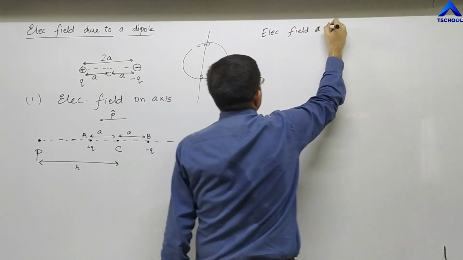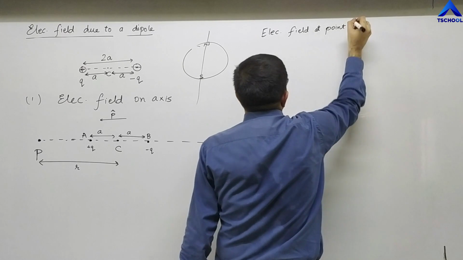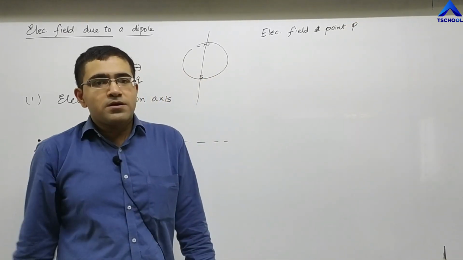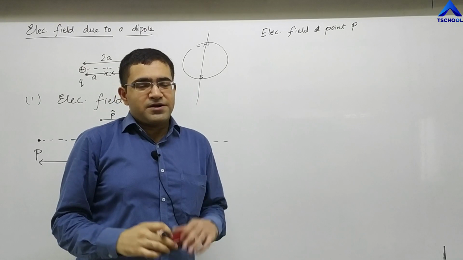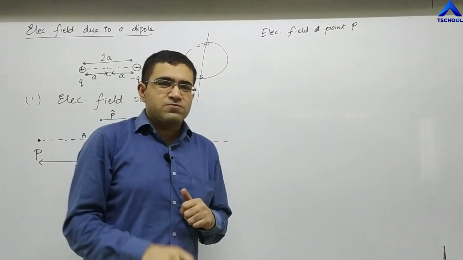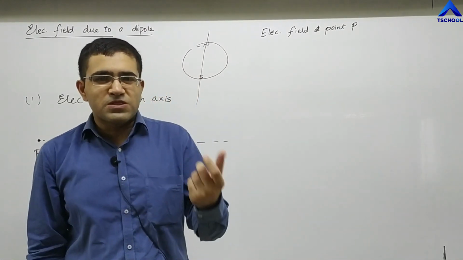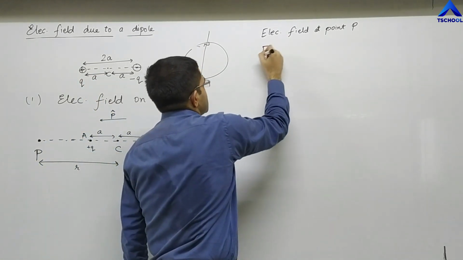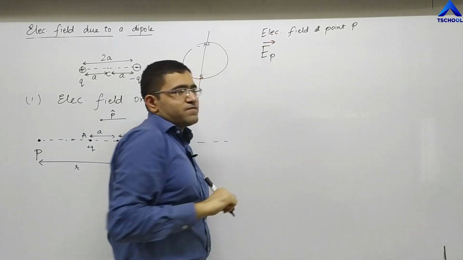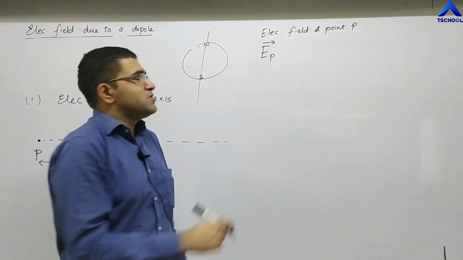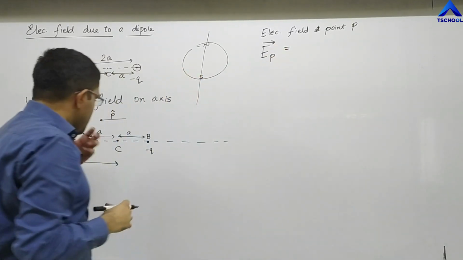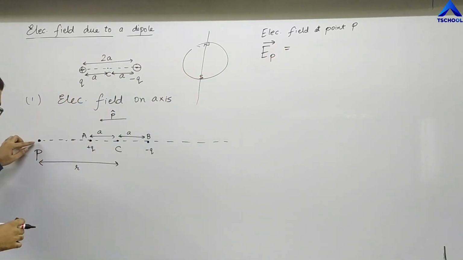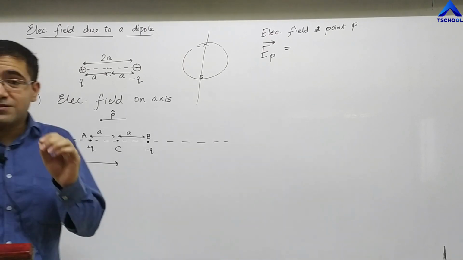So now, if I want to find out what's the electric field at point P, we could put a test charge over there and see how much force it would experience and get through with the whole procedure. But like I've said, now we have to use the superposition principle of electric field. That makes everything very simple. Think for a moment which charges are going to create electric field at this point P. And the answer is that there are two charges in the system.